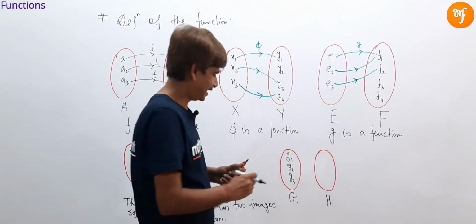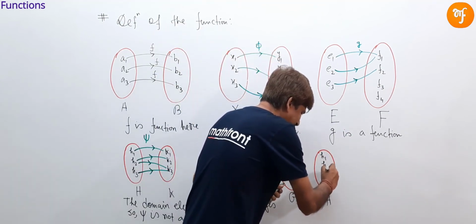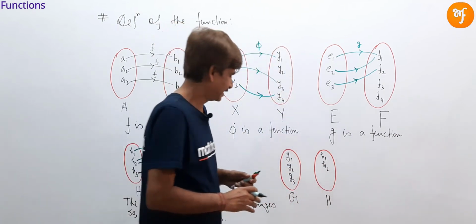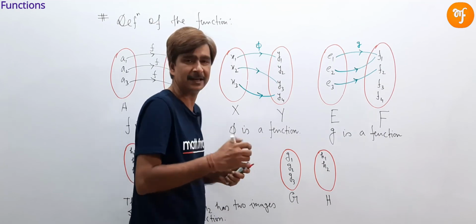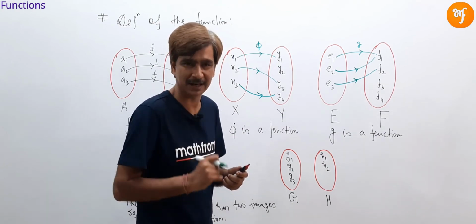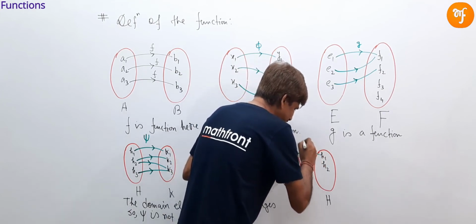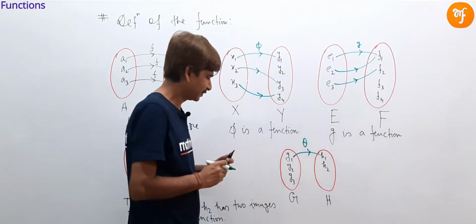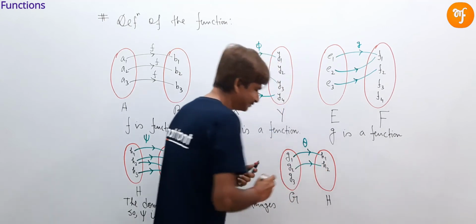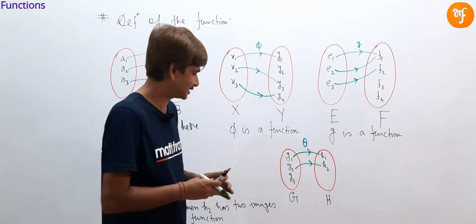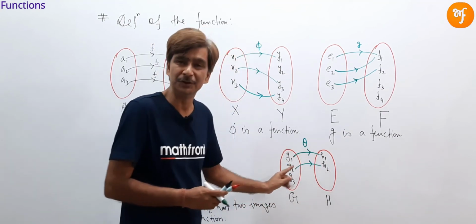Okay, and capital H has elements H1, H2. Is it clear? Now, if we declare another relation, theta, such that G1 has theta image H1, okay, and G2 has theta image H2. Okay, that is H1 is equal to theta of G1, H2 is equal to theta of G2.